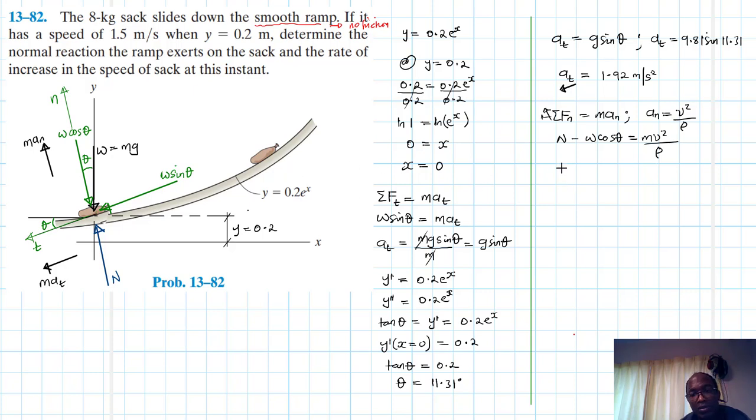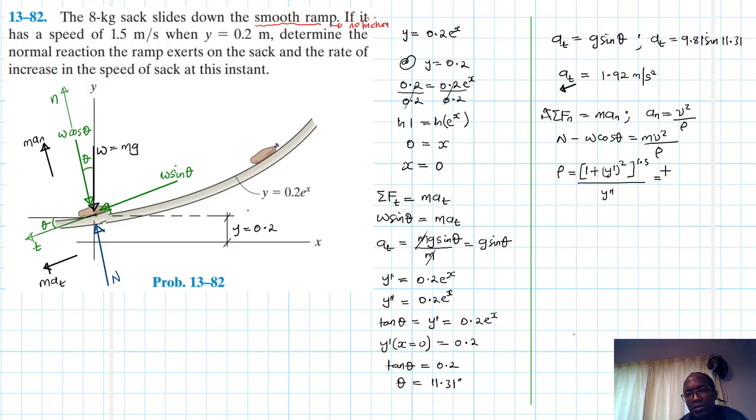So let's find rho. We are going to use the formula for the radius of curvature, because this surface is defined by this particular function y is equal to 0.2 e to the power x. So rho is 1 plus y prime squared, and then all this to the power 1.5 or 3 over 2, divided by y double prime.